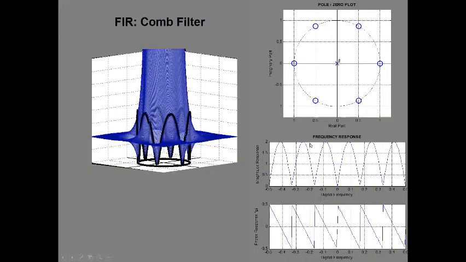Another common use of zeros on the unit circle are things like comb filters. This is a filter that's designed to get rid of some frequency and all of its harmonics. So we have a 0 amplitude response point at some frequency and integer multiples of it. We create those by putting zeros right on the unit circle and equally spacing them so that we get the right frequency spacing to get all the harmonics of that original signal.